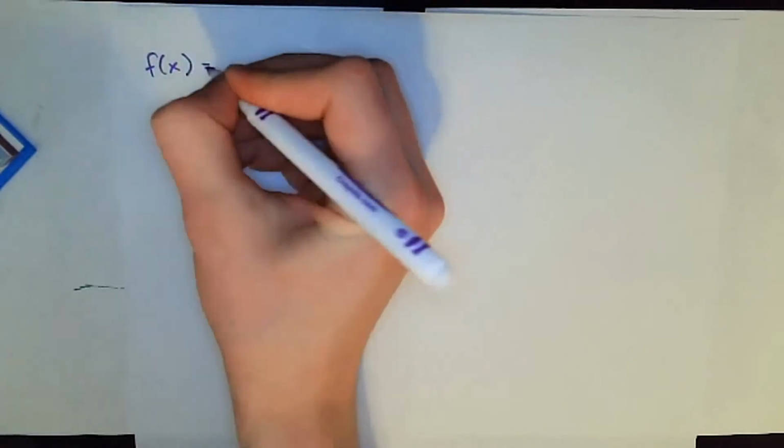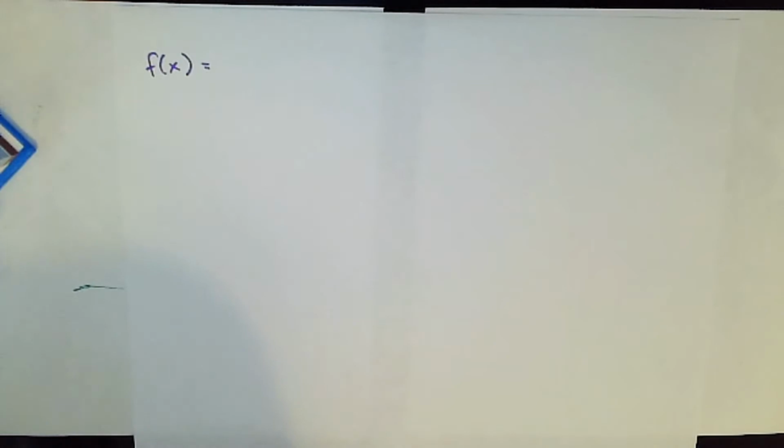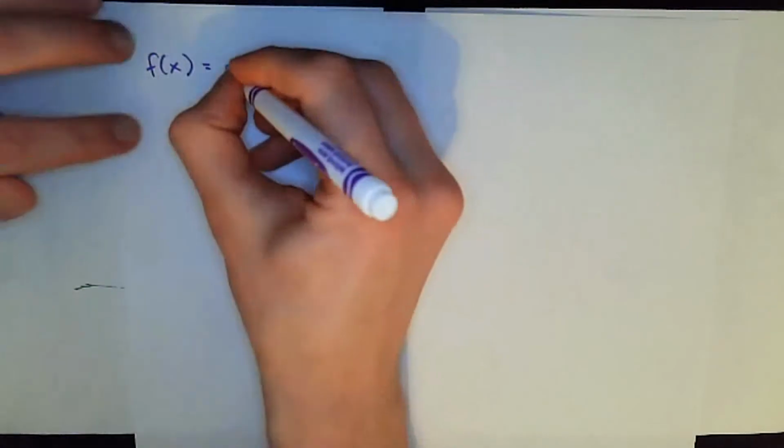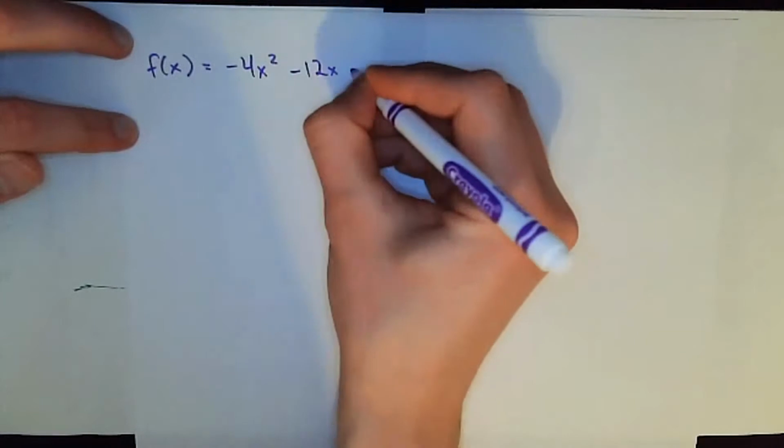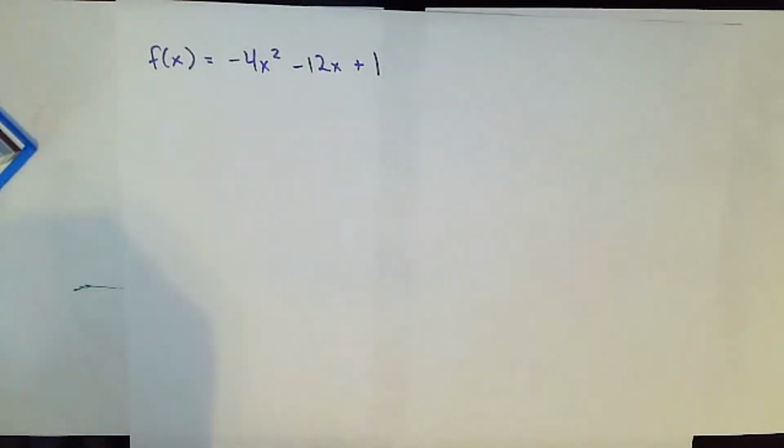All right, let's do f of x equals negative 4x squared minus 12x plus 1.